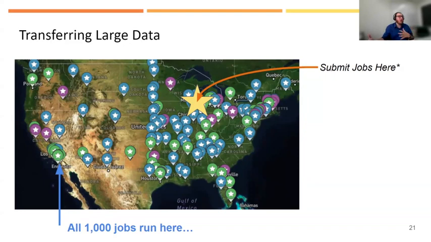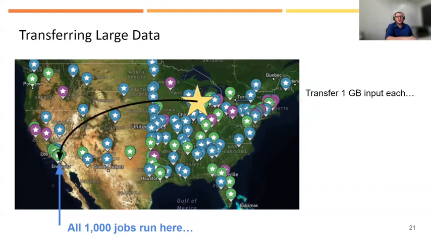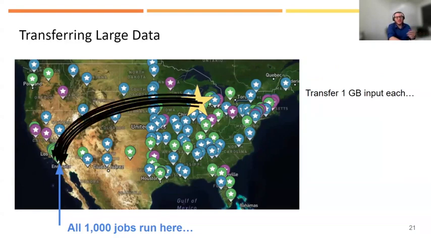Anyway, so let's say there's a lot of idle resources at this university in Southern California, and they're a member of the OSPool, and all 1,000 of your jobs decide to start running on that set of servers at the same time. What that means is the first job transfers that gigabyte of data, the next job transfers a gigabyte of data, and so on until all 1,000 of your jobs have run.